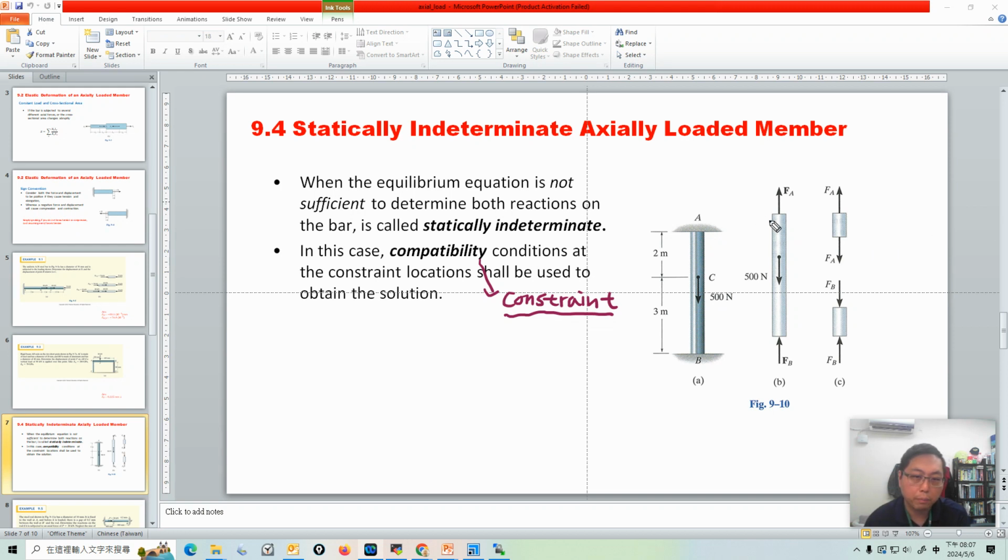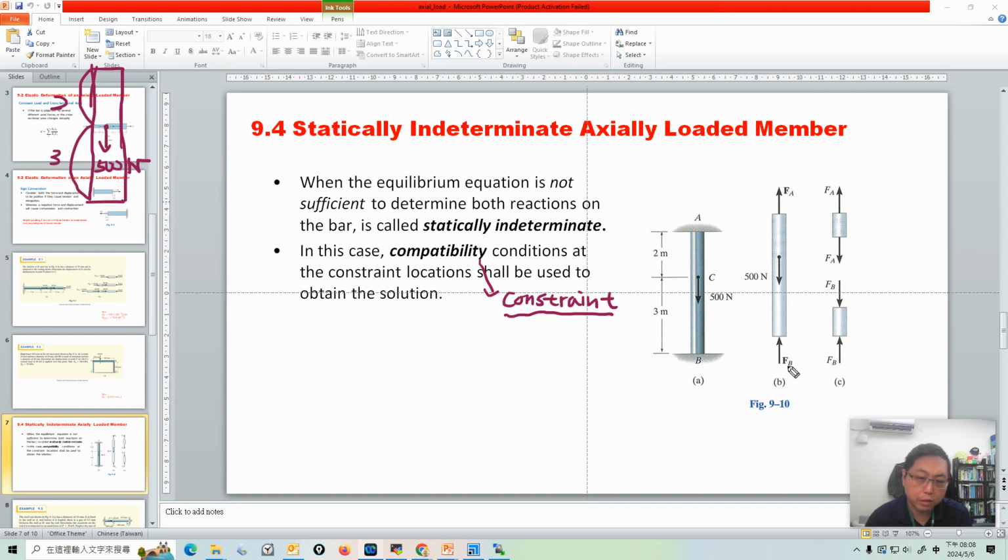Here is the textbook, which draws the free body diagram of this bar, but I would like to draw a free body diagram myself. I draw this bar like this, and point C is here, with 500 Newton pointing down. The distance here is 2, and the distance here is 3. The problem wants you to solve for the reaction forces acting at the terminals.